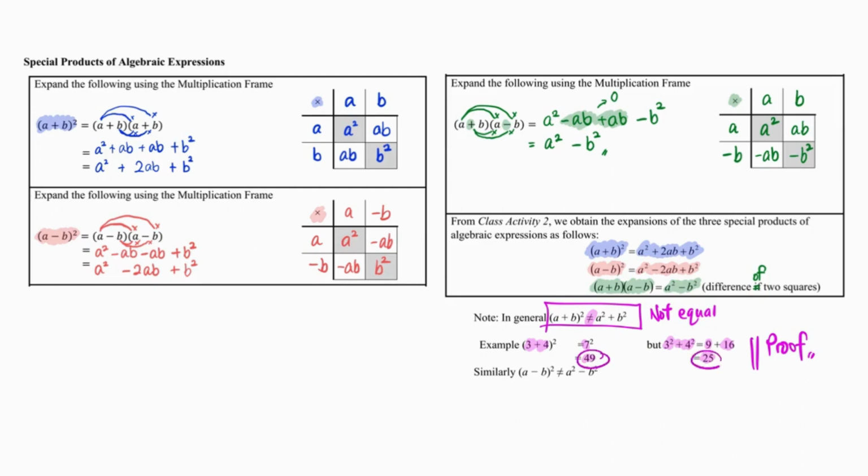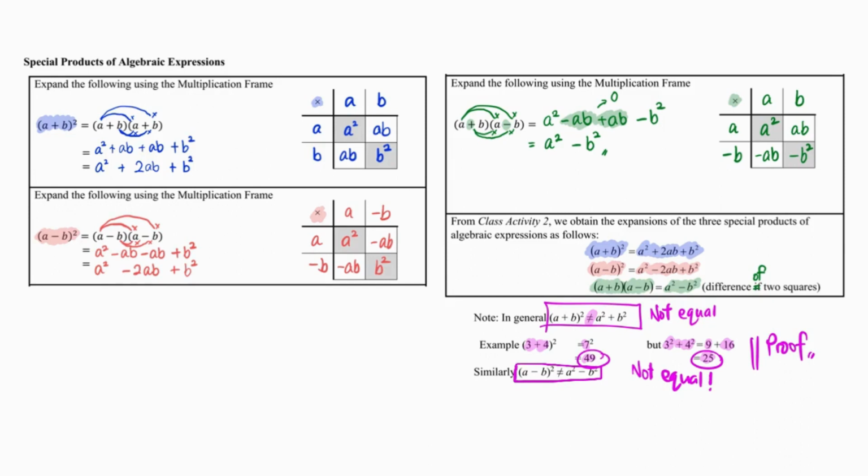And these two are not equal to each other. Alright? So using the same logic, (a minus b) square is also not equal to a square minus b square. And if you want more examples, I could do the same as well.